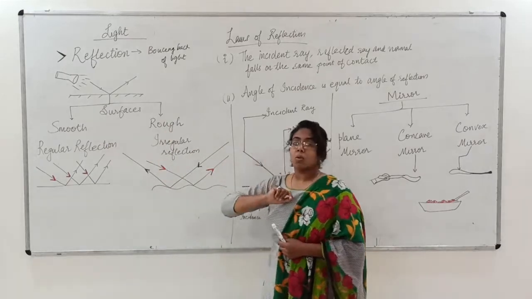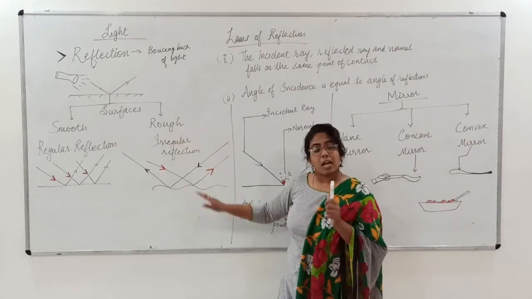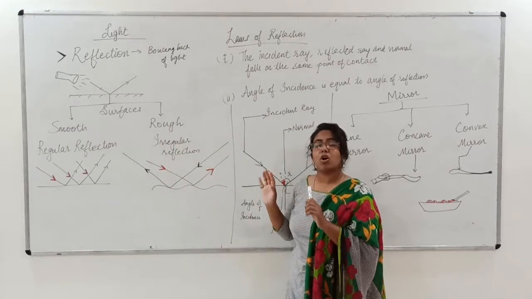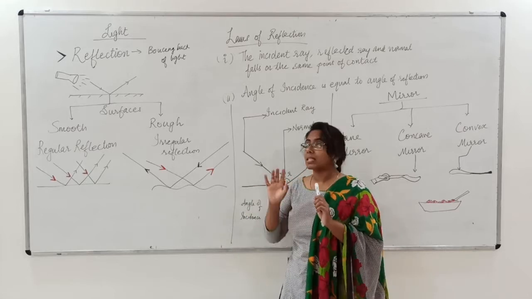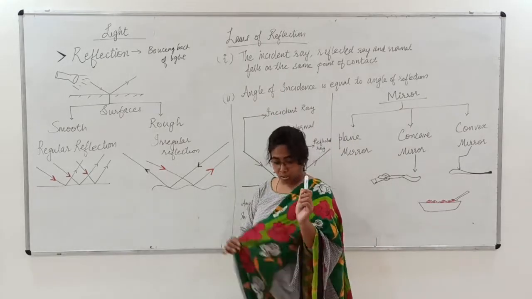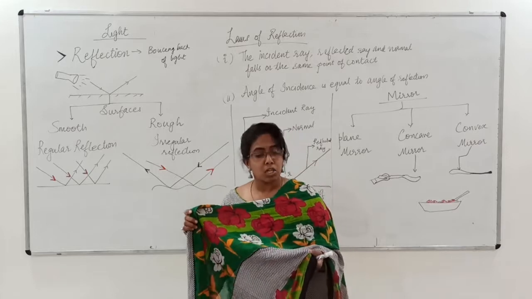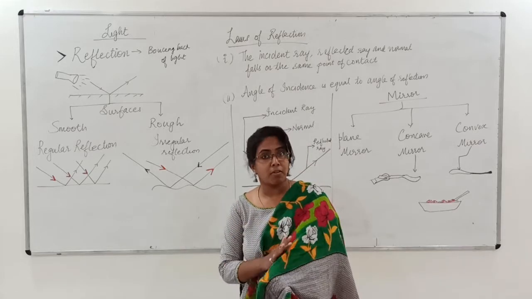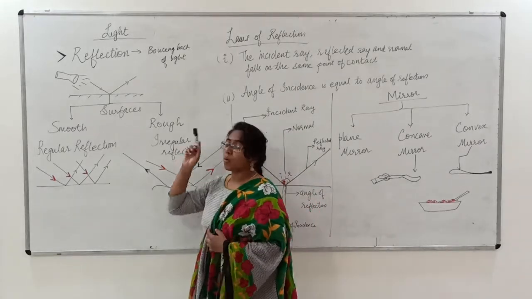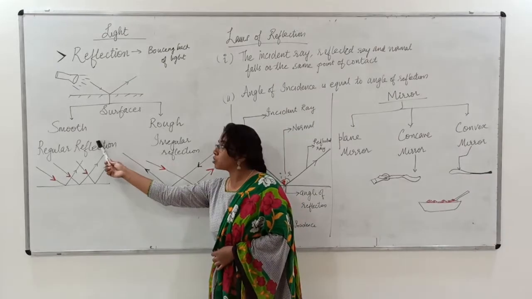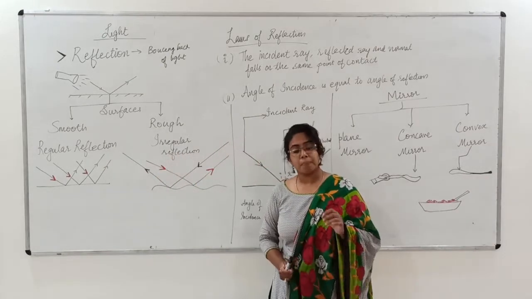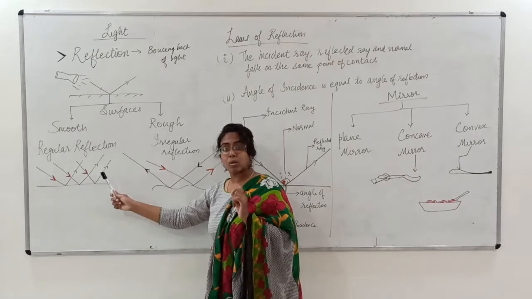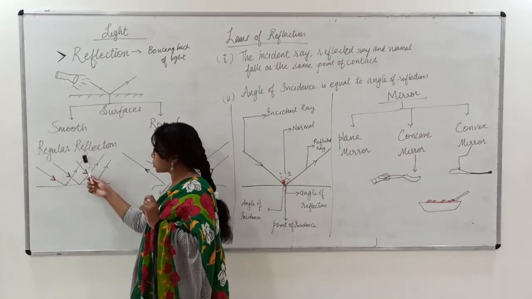And what will we call rough surfaces? Rough surfaces do not shine. If you are able to see my clothes, they are not shining. Why? Because they are rough. What happens when light falls on smooth and rough surfaces? On smooth surfaces, you can see there are different arrows falling here.